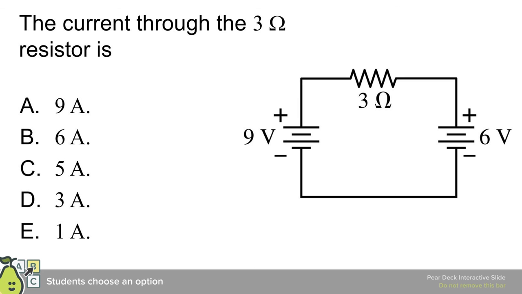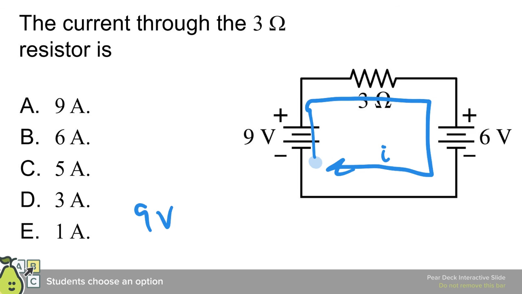All right, here we say find the current through the 3 ohm resistor. So I'm going to start at this end, and say there's a current I, which is what we're looking for. We get plus 9 volts for going up this way.